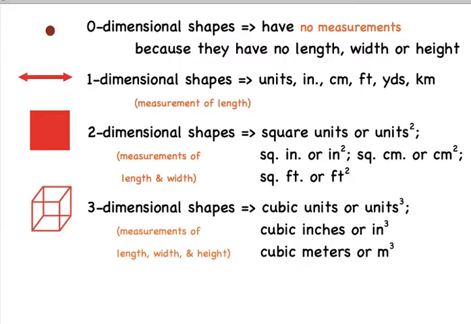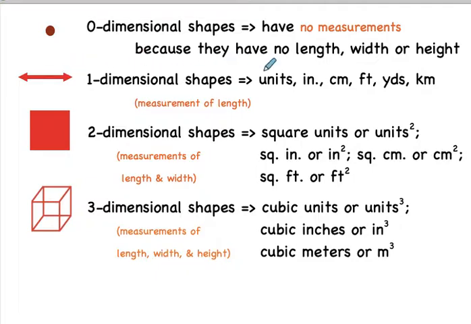Okay, now let's do a little bit of prior knowledge, things that you remember and you've learned already. So we have a point, and points are called zero-dimensional shapes. They have no measurements at all because they have no length, no width, or no height. One-dimensional shapes are lines, and they measure length.